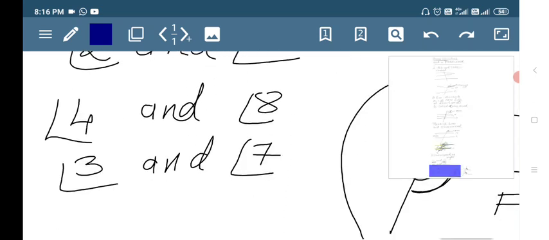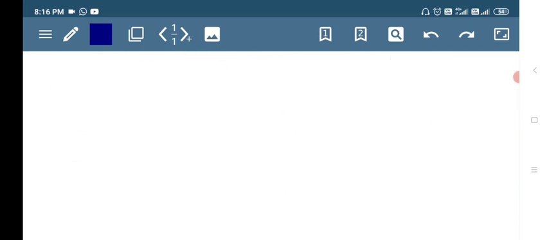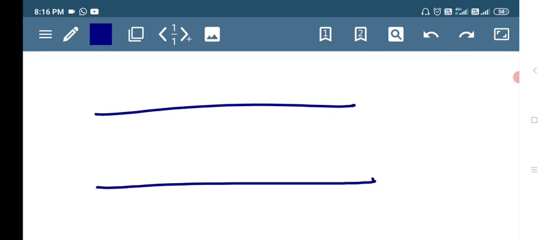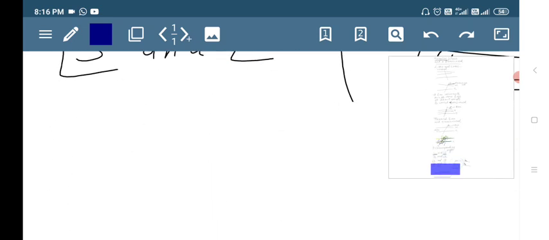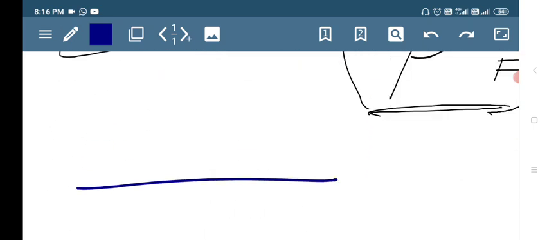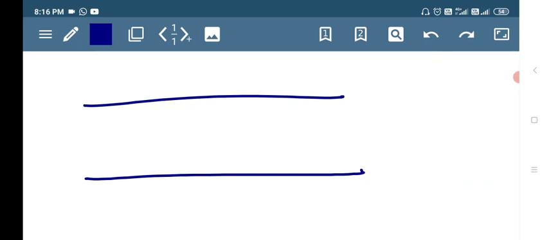So dear students, here I just spoke about two lines and a transversal. Now I am speaking about two parallel lines and a transversal.